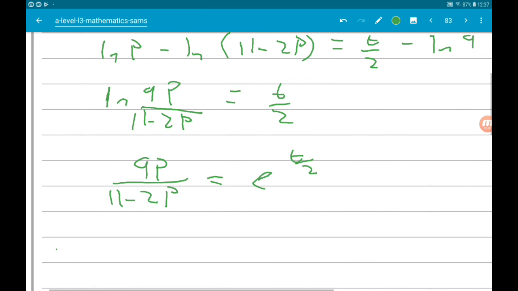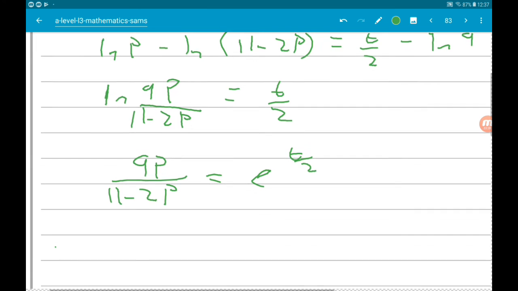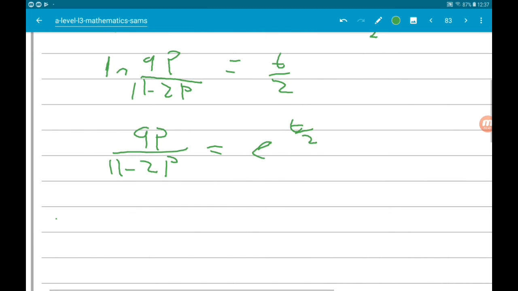Now then, if we multiply through by the bottom, 9p is equal to 11e to the t over 2 minus 2p e to the t over 2.